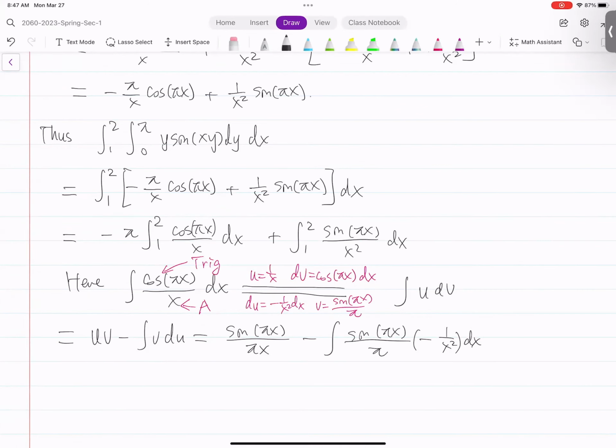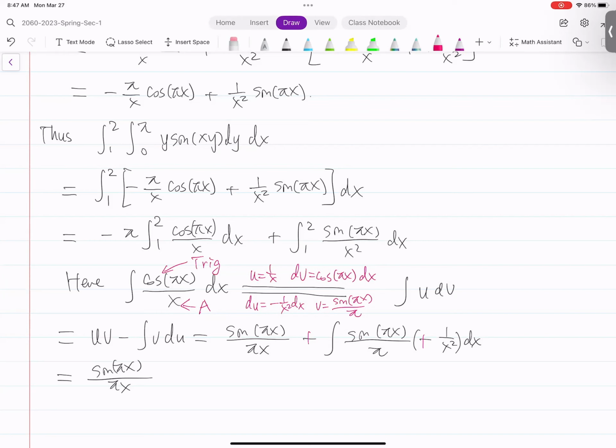Let's simplify a little bit. We have sine of pi x over pi x, and with this plus and plus, we have plus 1 over pi times the integral of sine pi x over x squared.